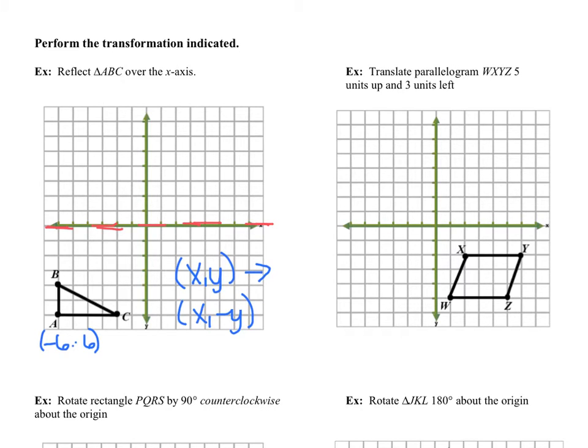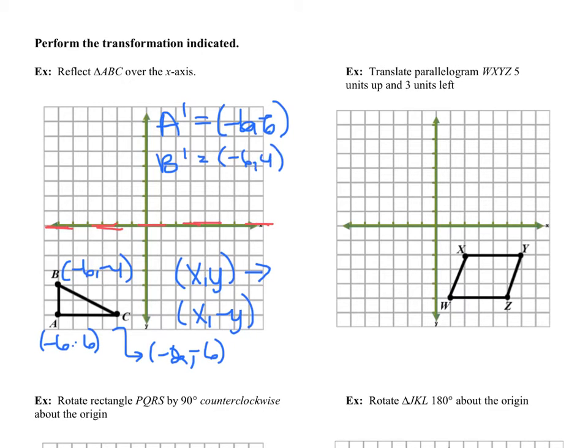The coordinates of C are (-2, -6). And the coordinates of B would be (-6, -4). If you apply the formula here, A prime is going to equal (-6, 6). B prime is going to equal (-6, 4). And C prime is going to equal (-2, 6).